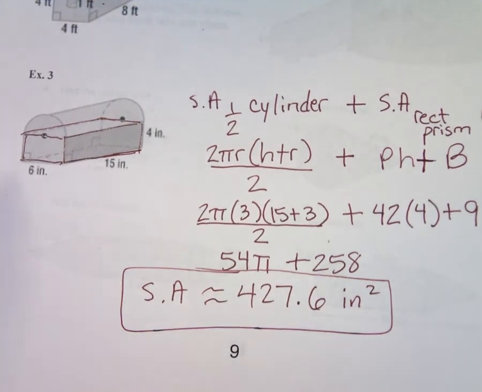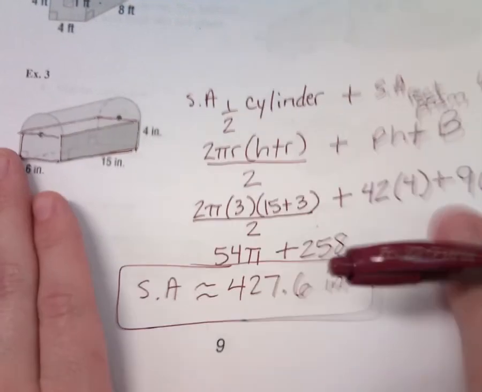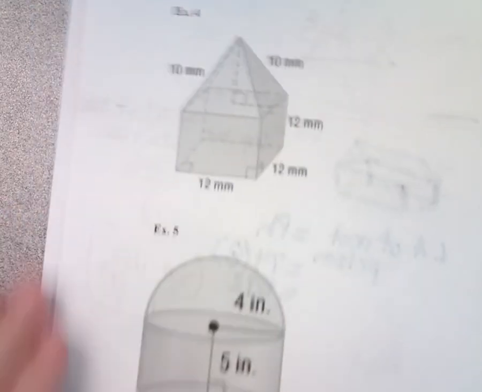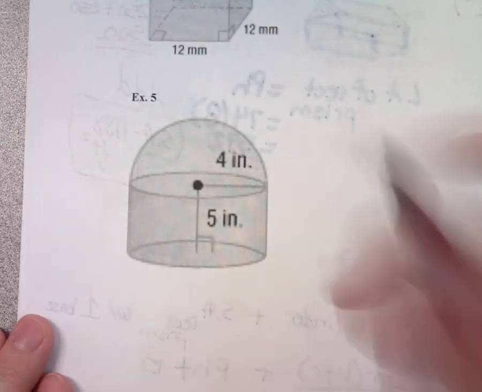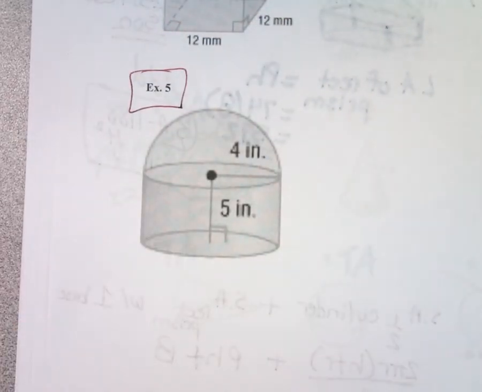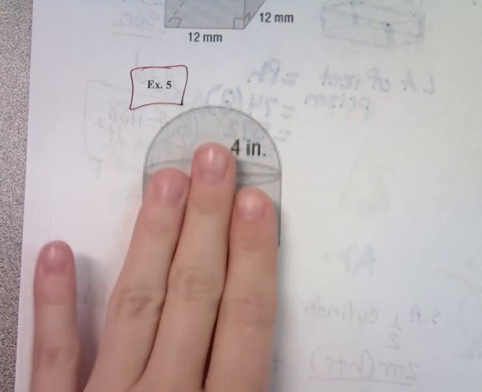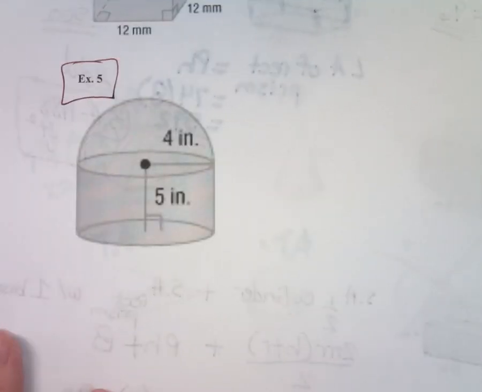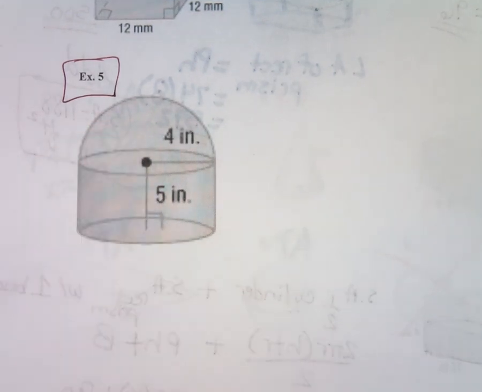What I want you to do for me: no homework. It's a beautiful Friday in school. I want you to try number 5. You have about 4 minutes right now. We're going to practice more of this on Monday, as well as have our quiz on Monday. But this is the only one that I want you to do for me.